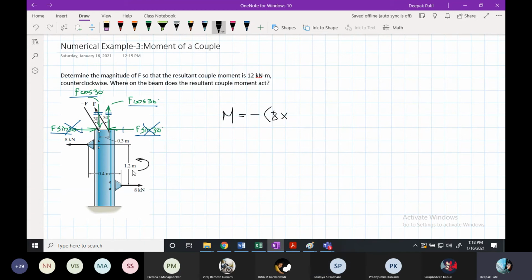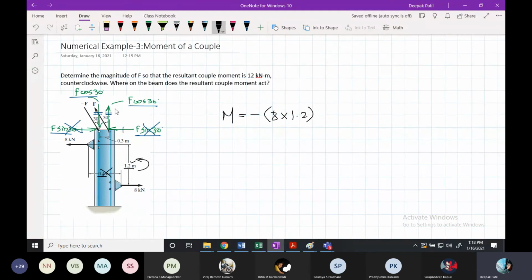Should I take 0.4 or 1.2? Yes, you should actually take 1.2, not 0.4. You can see what D is. D is the perpendicular distance between the two forces. This 0.4 is not the perpendicular distance. Instead, 1.2 is the perpendicular distance. So I should write it as 1.2.